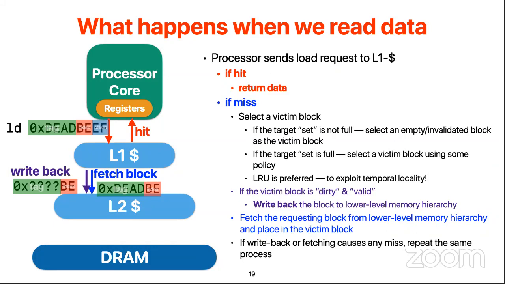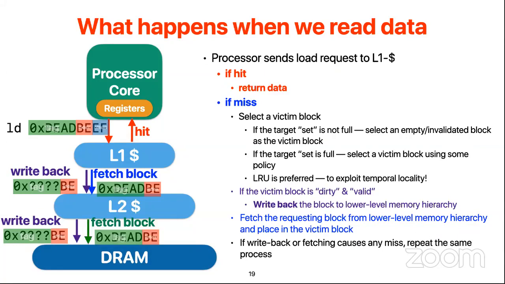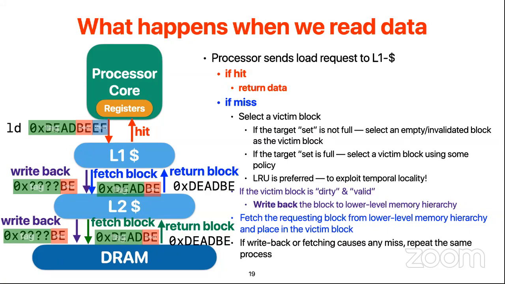If what you are looking for is in the next level of memory hierarchy, you're lucky, we can directly put the data back. If not, then it's still a miss in the next level memory hierarchy. Again, we need to find a victim block to accommodate your block, write it back first, and then fetch the desired block and return it from the first place you can find it, all the way to the cache that has the cache miss.